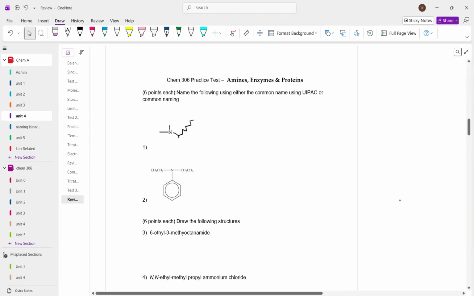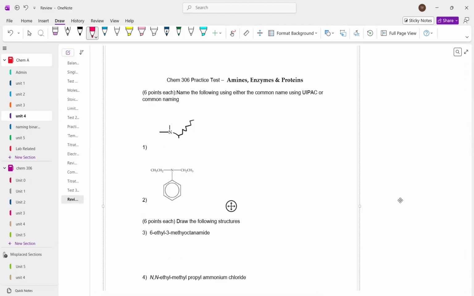Let's name these. Okay, it's an amide, and it's got 2 methyl groups coming out of that nitrogen.